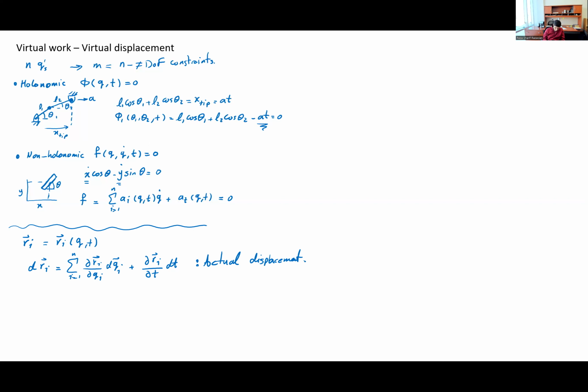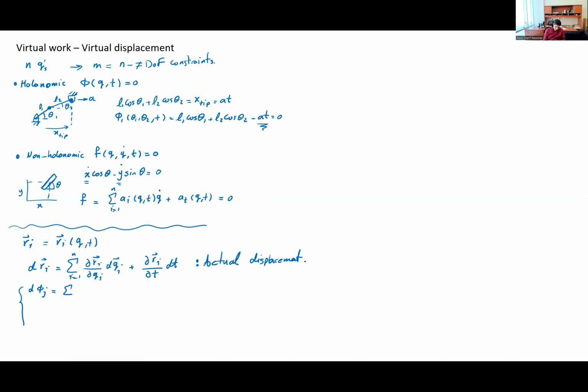To find those, I can take differentials of either holonomic or non-holonomic constraints. If I have holonomic constraints, I can have multiple constraints, so let's index them with the letter j.